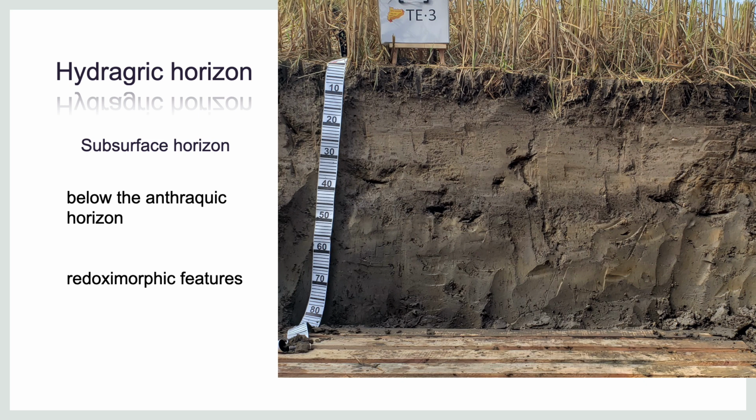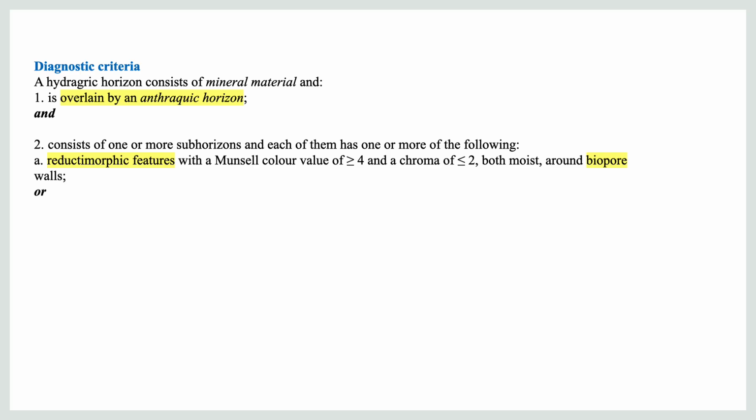And it was also created by humans. And this high bulk density horizon also expresses reducimorphic features. So WRB is the only system that considers that humans also create subsurface horizons, in this case, this hydragric horizon.